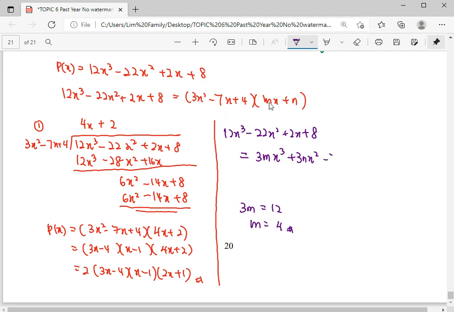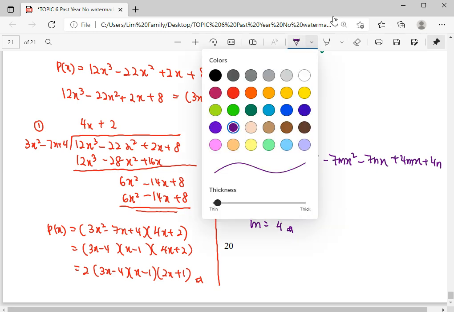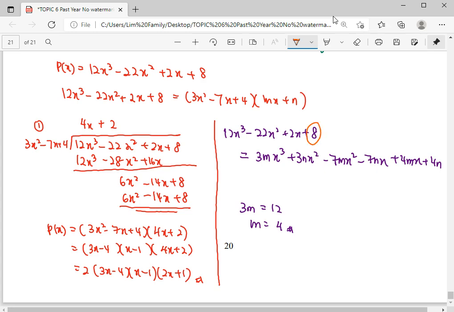This 3x squared with n becomes 3nx squared, but we cannot compare yet because we still have another x to expand. So the first term multiplies through, then go for the second term here, negative 7x times here. So it becomes negative 7mx squared. Then negative 7x times n, negative 7nx. And then this one, 4, lastly 4n. So the easiest to compare is the last part, the constant part. When we compare the constant part here, 4n equals 8, so n equals 2.